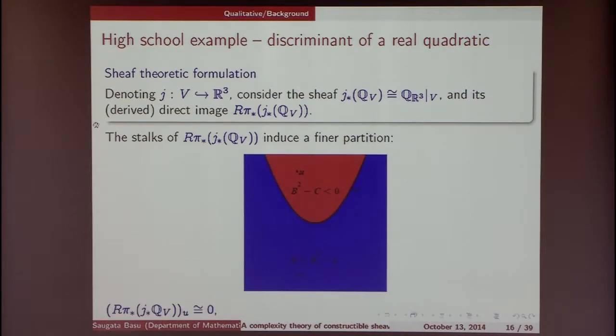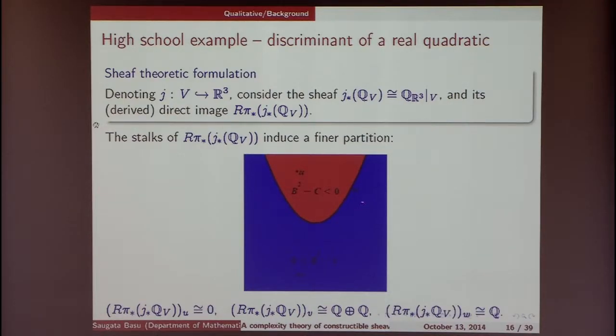If you are here in U, which is outside the image, then the stalk of the derived image is 0. If you are here, it is Q plus Q. These have degrees, so only in degree 0 there is something non-zero, because the fibers have no higher cohomology.